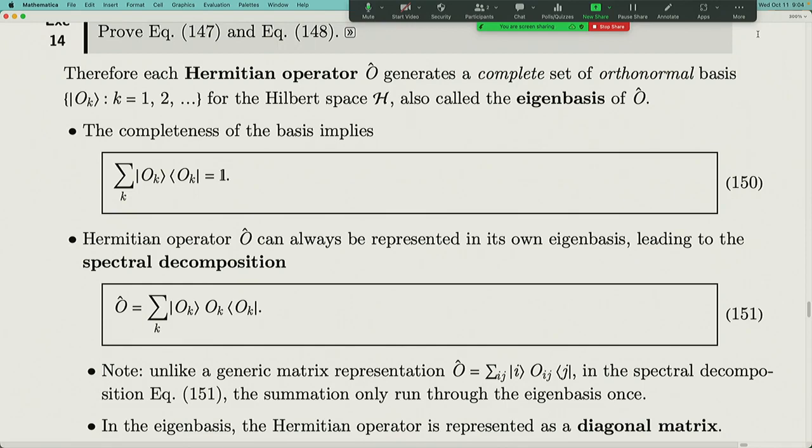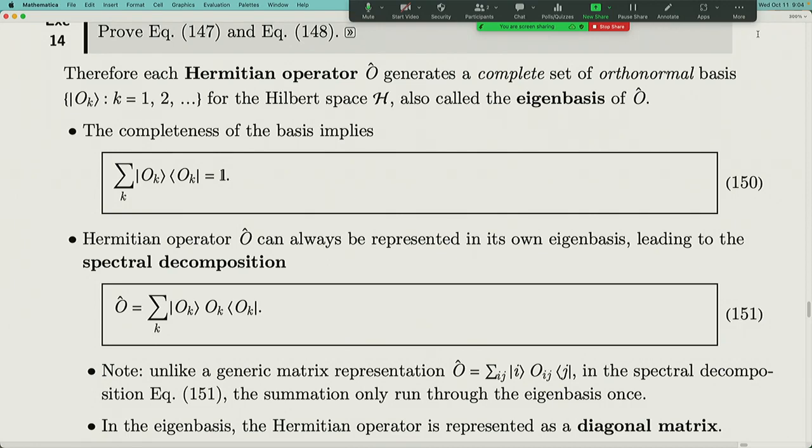Previously, when we talked about operators, we learned that an operator can be written as a linear superposition of outer products of states. By outer product, I mean this ket state times this bra state. If you first ignore the O here, this ket state times bra state is itself a matrix, and it is an operator.